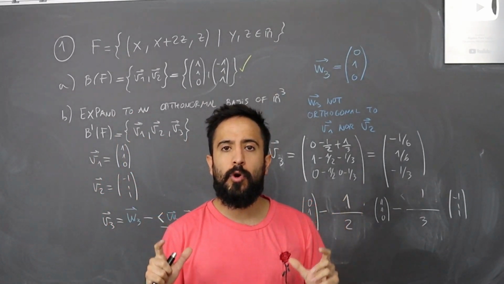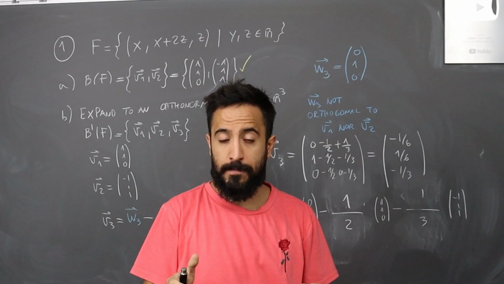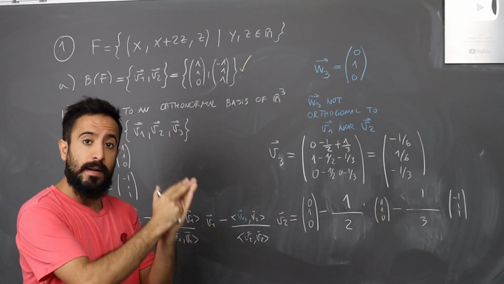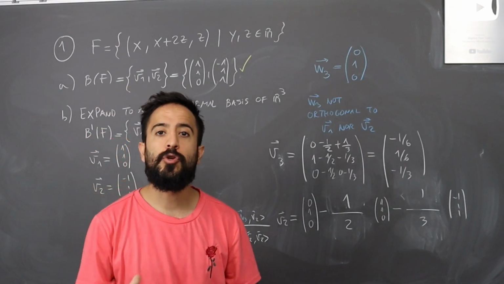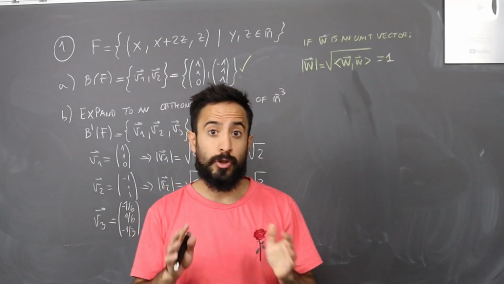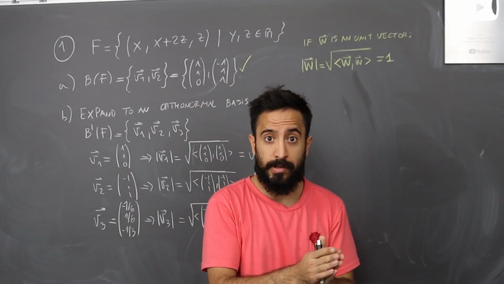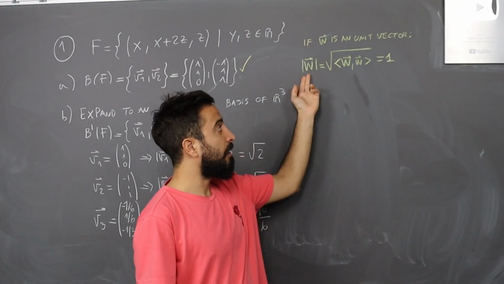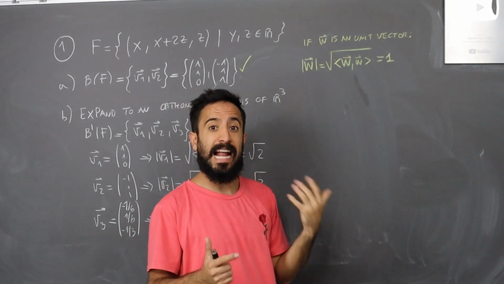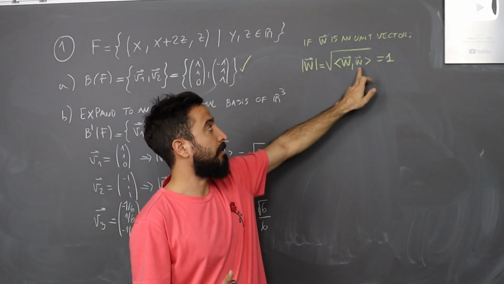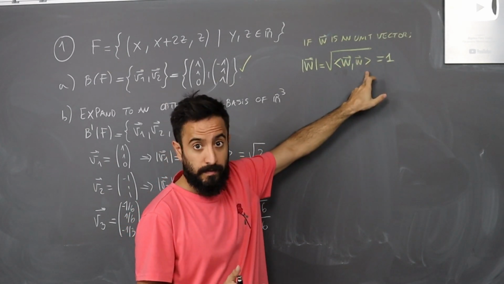So that means we have to go one extra step ahead, right? All we have to do is to make these three vectors, b1, b2, and b3, into unit vectors, which means that their length has to be 1. So, as I said, if we have a vector and we say that that is a unit vector, then the length equals 1. We calculate the length by doing the square root of the inner product of that vector with itself, okay?